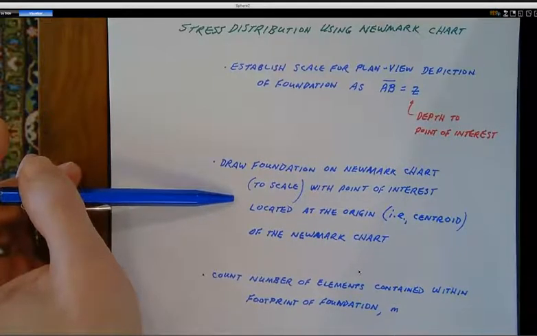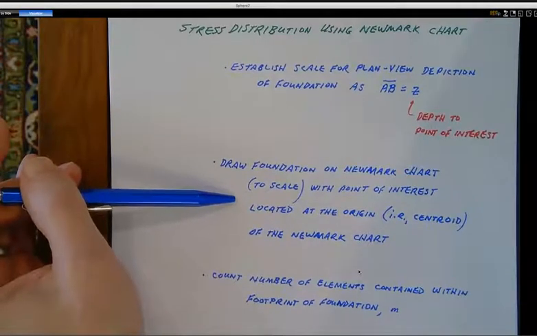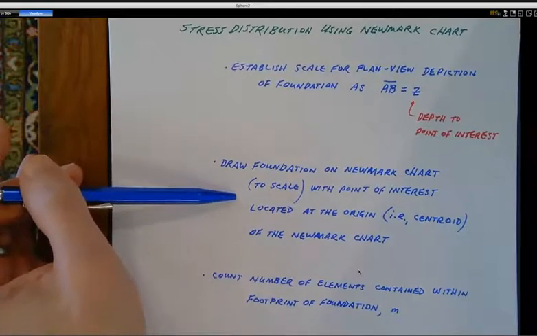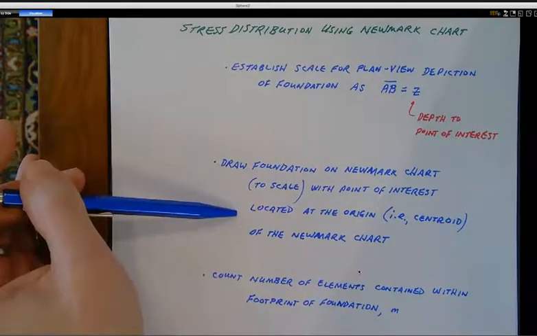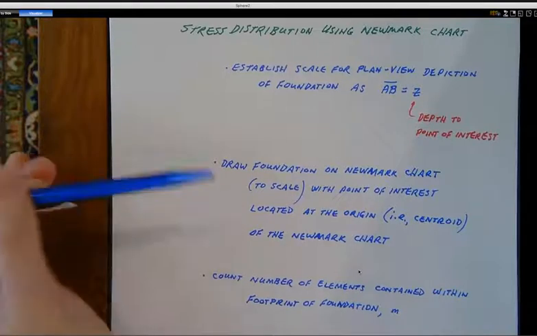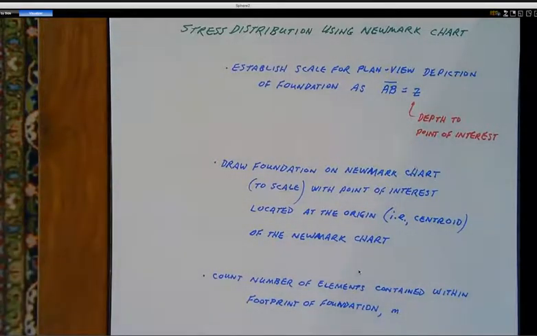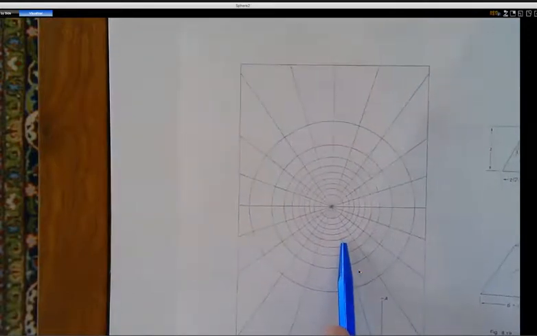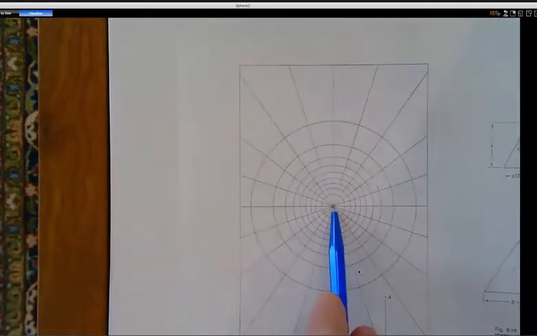In the past, with the Boussinesq chart, we've used corner of foundation, for instance, or center of foundation, that kind of thing. That point of interest should be located at the origin of the circles, or the centroid of the Newmark chart. So your point of interest, looking down on your foundation, should be that center point.